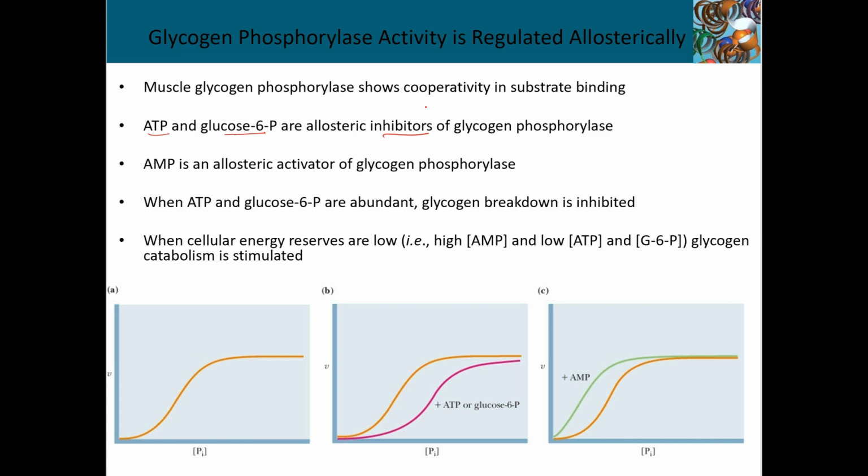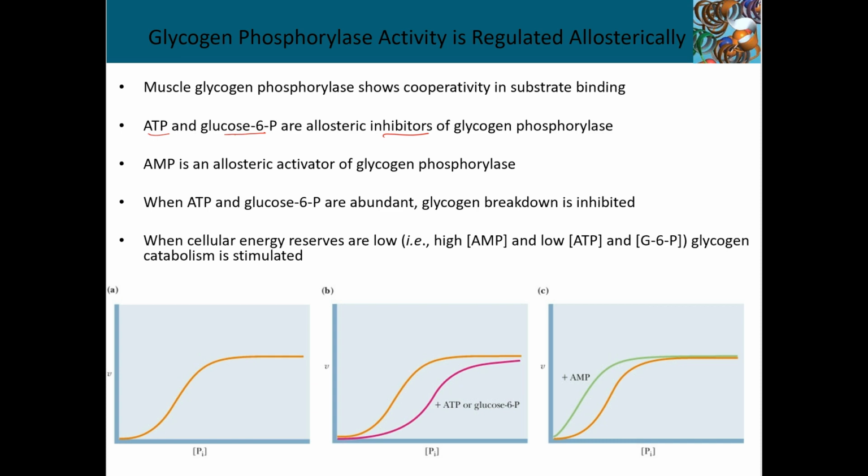Once we have a surplus of energy, we have a good biological reserve of ATP. We have a good biological reserve of glucose 6-phosphate, the metabolite one step away from glucose 1-phosphate. This reserve acts as an allosteric inhibitor, binding to the glycogen phosphorylase enzyme and reducing its rate of reaction.